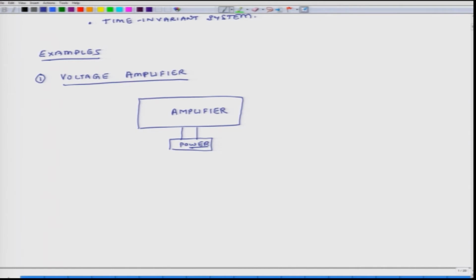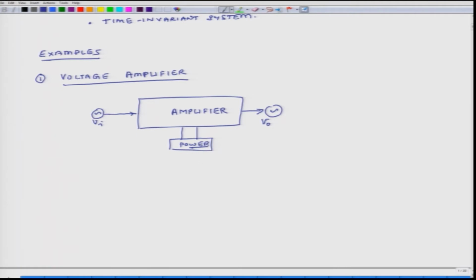It could be a battery or some 20 volt DC supply, and then what do I do in an amplifier? I excite it with some input, and let us say it is Vi, and then the amplifier amplifies this Vi and provides an output. So, it is Vo, and where does the energy come from to amplify this input?